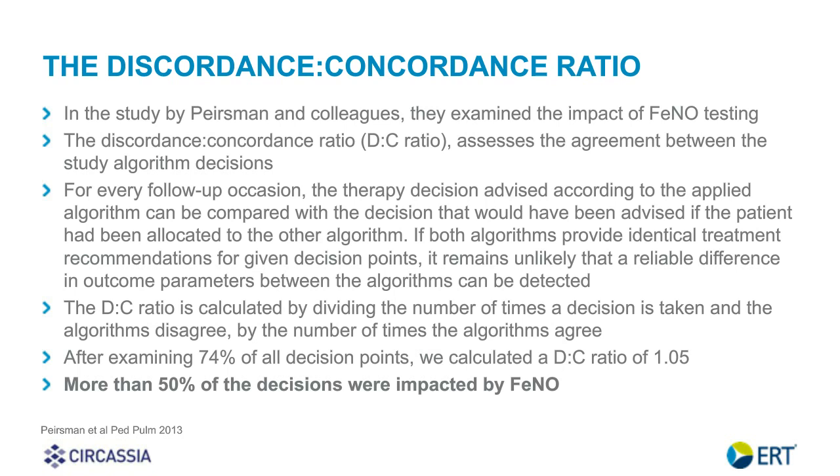But here, after calculating 74% of all the decision points, they saw that the DC ratio was 1.05, meaning that more than 50% of the decisions were impacted by FeNO. So they made a different decision when FeNO was used, which ultimately led to those outcomes of reduced exacerbations.